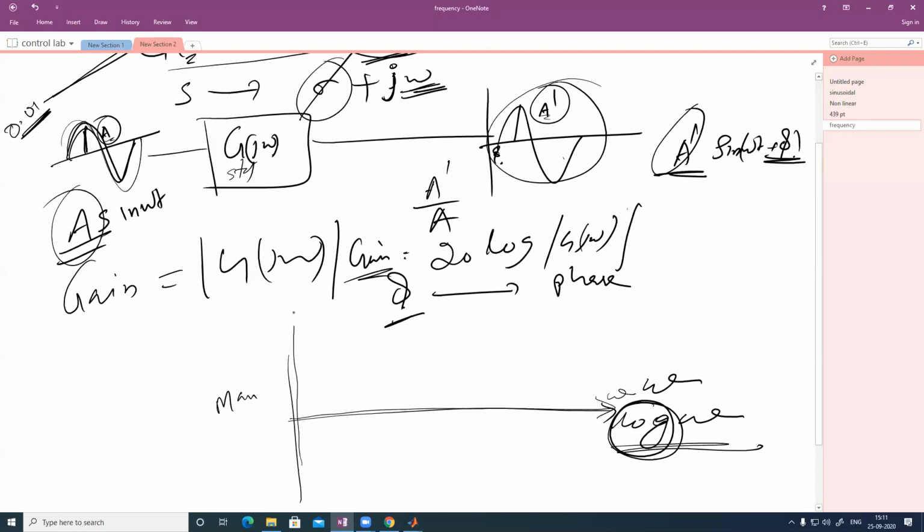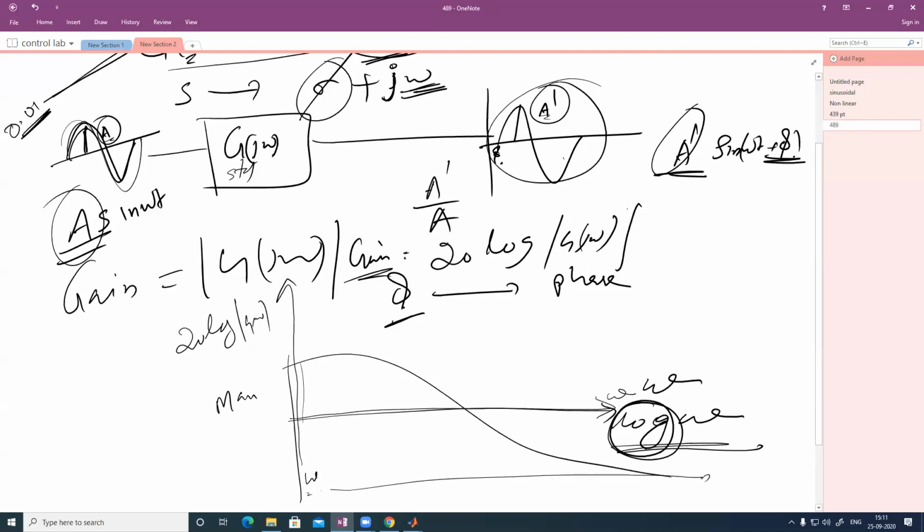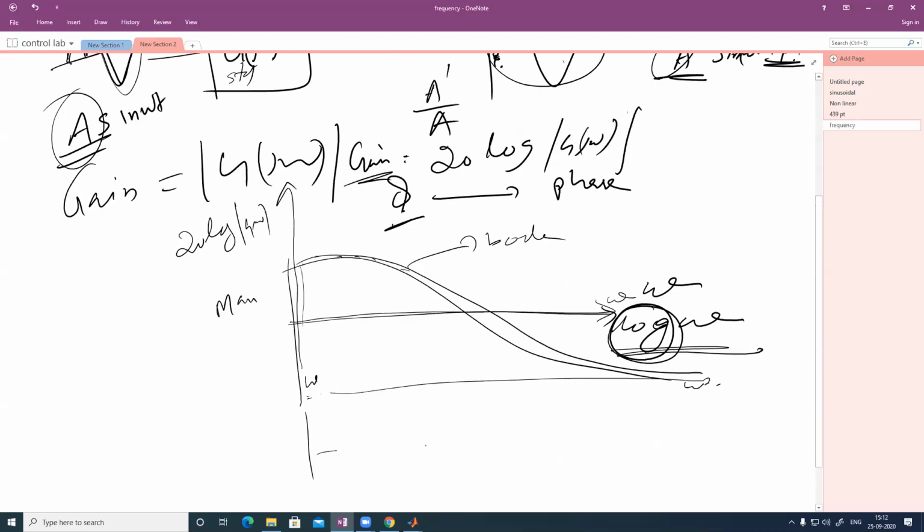So making this axis also logarithmic, that is why you are taking 20 log G of J omega. And for all the frequencies, omega from very low to very high, you are plotting these things and you will get Bode magnitude. Like this, omega versus phase. So these two you are plotting.